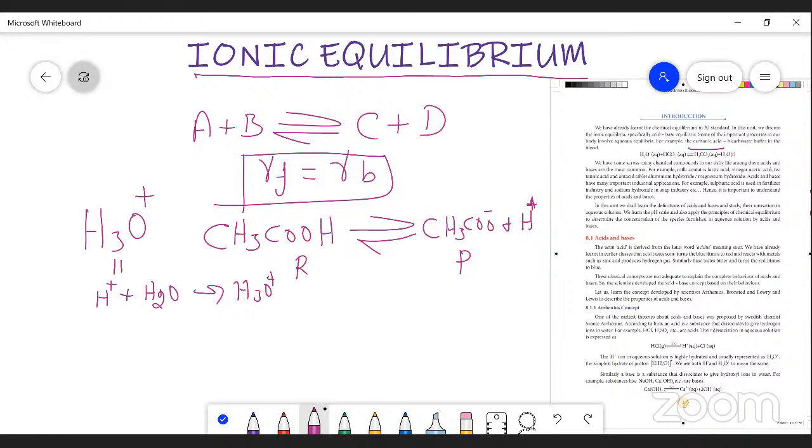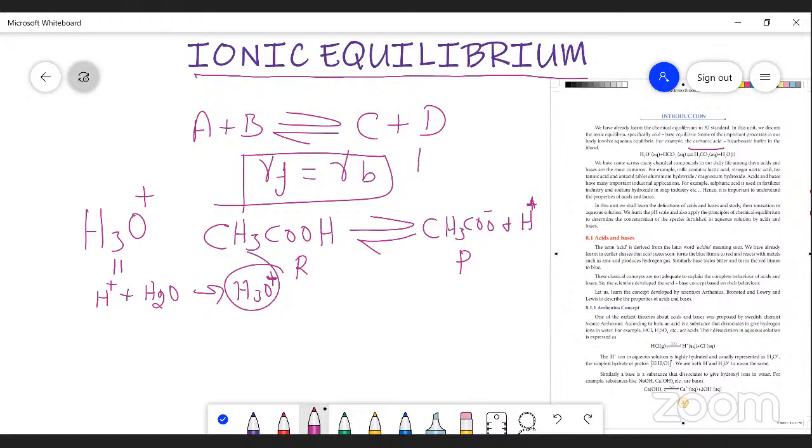Both are equal. It easily forms the hydrate, adding with the water, and always exists as a hydronium ion. So in that ionic equilibrium reaction, hydronium ion reacts with bicarbonate.